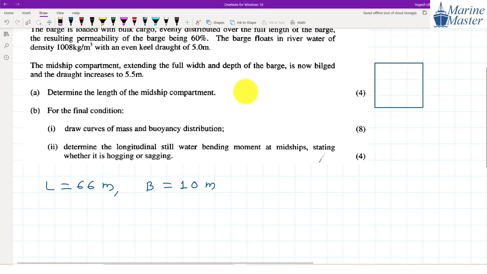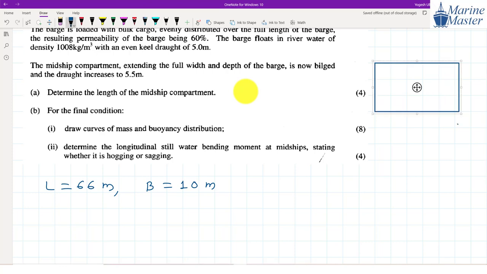Permeability is what? Just imagine that this is 1 box, guys. In that box, I am going to put some coal, or iron ore. You got the meaning of iron ore?